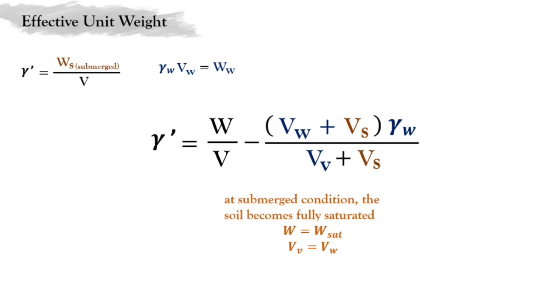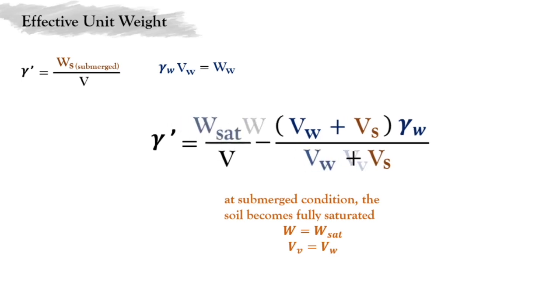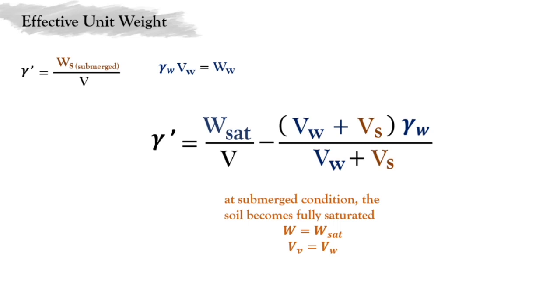So, palitan natin yung mga variables na yan para maipasok natin yung submerged condition, which is also saturated condition of the soil. So, palitan ko yung total weight ng saturated weight, at yung volume of the voids, palitan ko ng volume of the water or vice versa. So, ayan. Ngayon, dahil na ipasok na natin yung condition na submerged and saturated, simplify na natin yung equation.